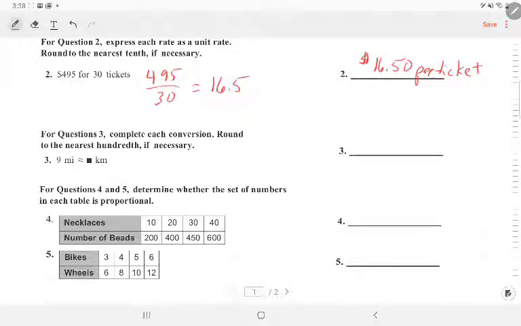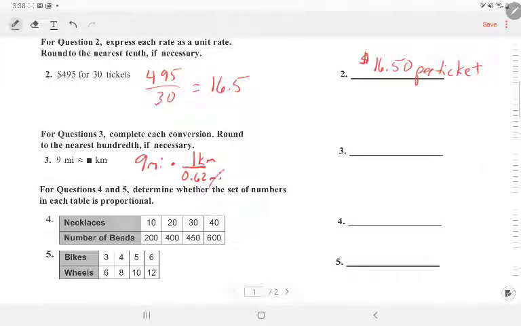Number 3, we are going to convert 9 miles to kilometers. When you set this up, it would be 9 miles times the conversion ratio. Since we're doing miles to kilometers, we have to put miles in the bottom, and that's about 0.62 miles per 1 kilometer.